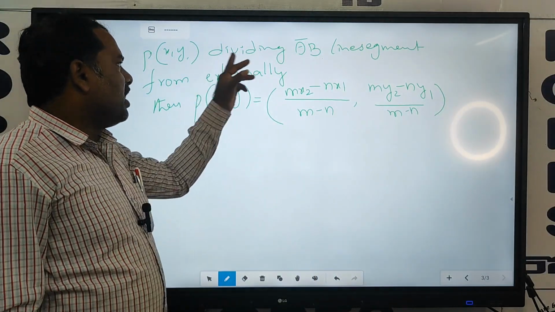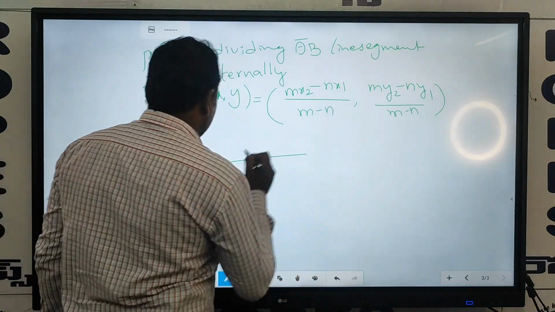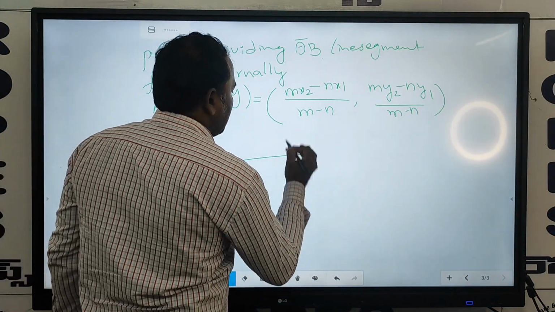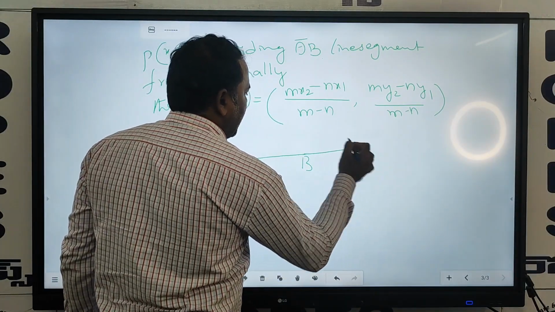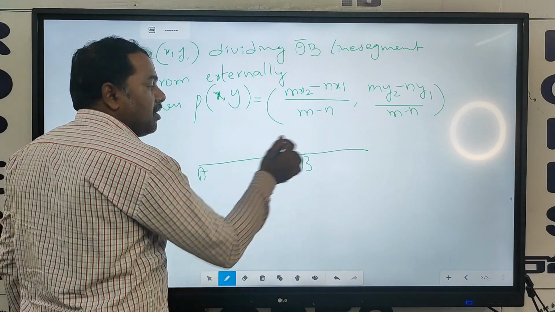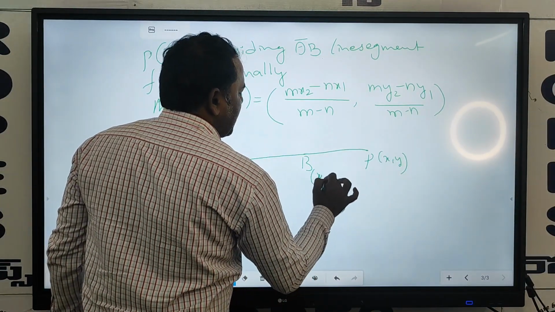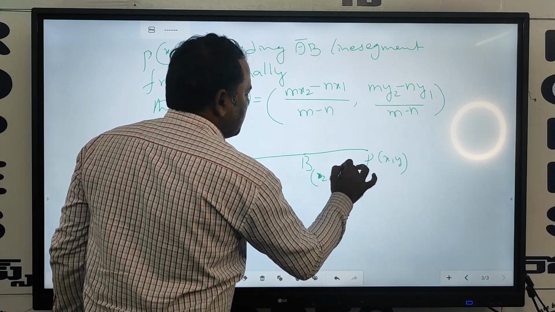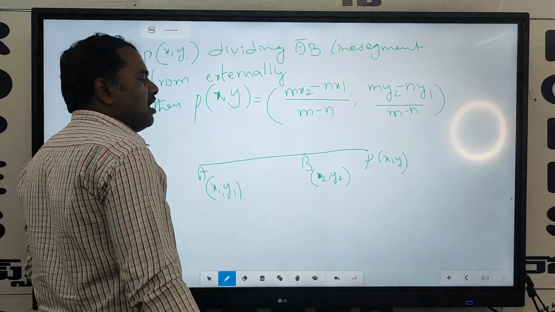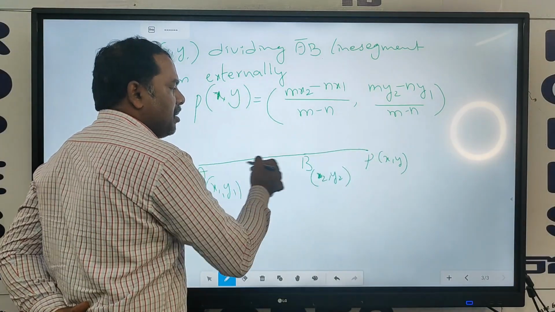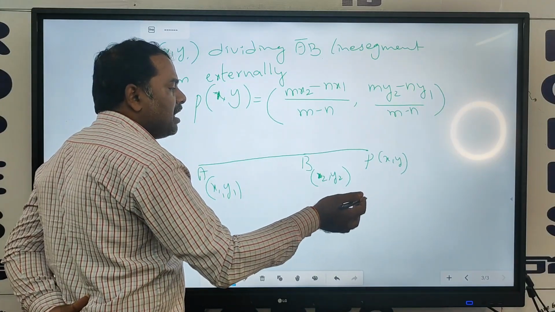When P is dividing the AB line segment externally, see the diagram, it is the AB line segment. Now P is there, and P is dividing this AB externally. P(x, y), B(x2, y2), A(x1, y1).